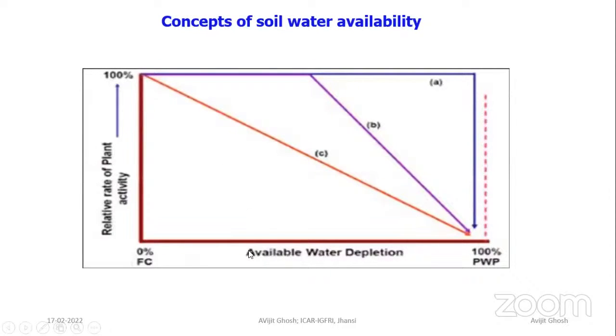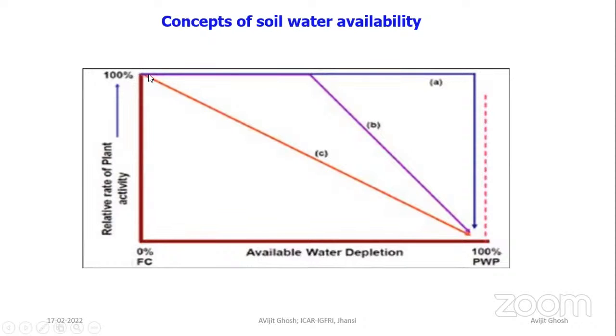Now there are basically three concepts of soil water availability. The first hypothesis assumes that plant water availability remains constant from field capacity to wilting point, that is this line.